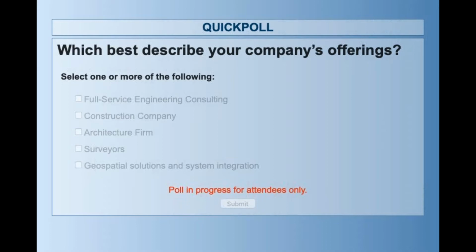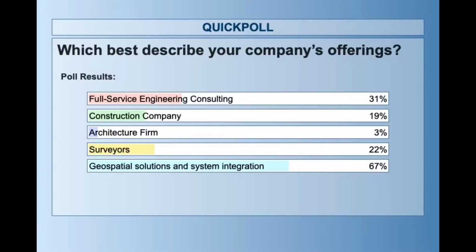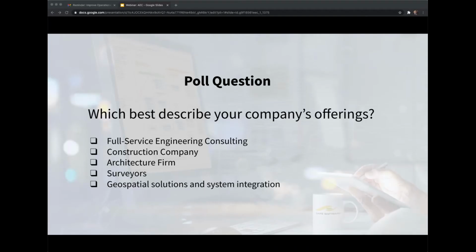We do find that a lot of people do geospatial solutions and system integration alongside others. We've got a lot of surveyors, lots of full service engineering consultants, construction, and lots of you are doing geospatial solutions and system integration, some architects. That is consistent with what we see day to day as well. Thanks for sharing that.